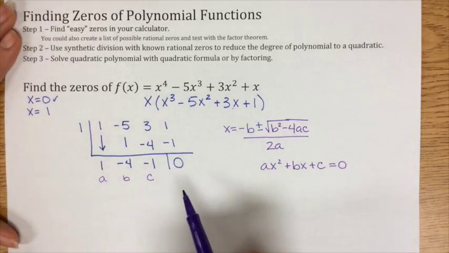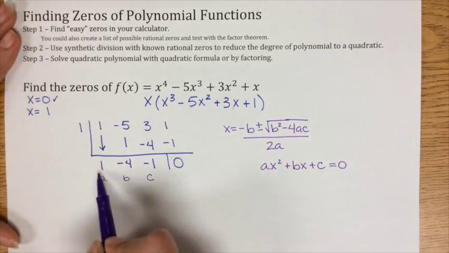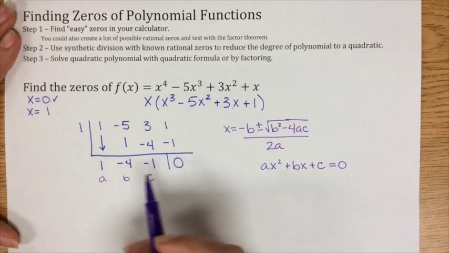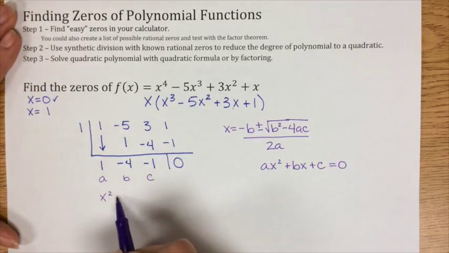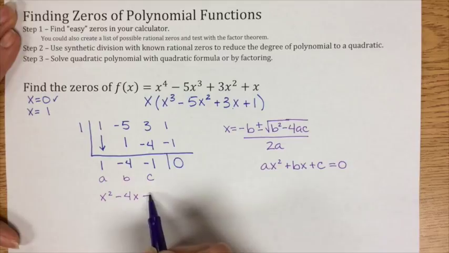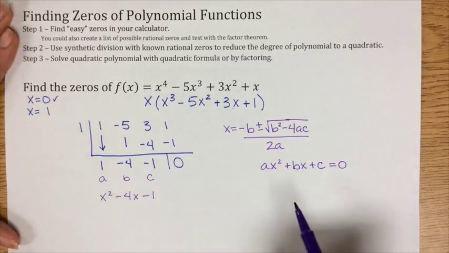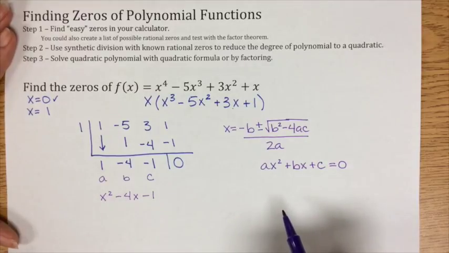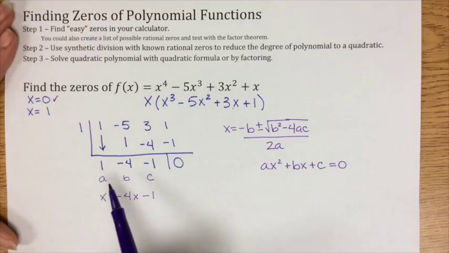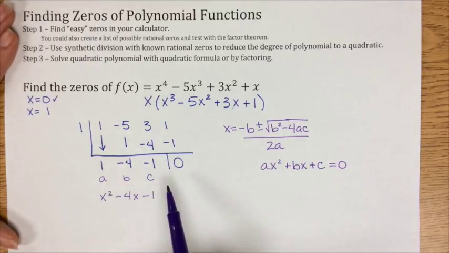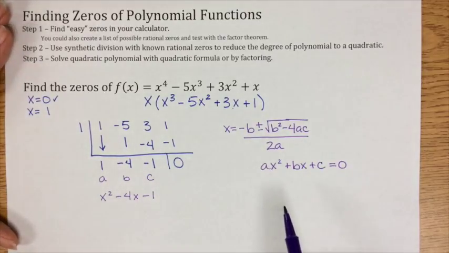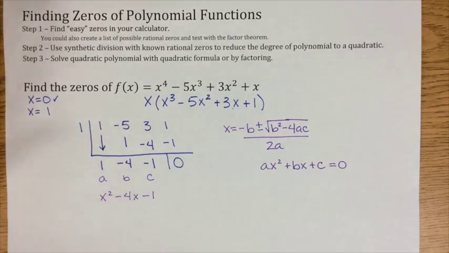You could write this as a quadratic, x squared minus 4x minus 1, but then you would need to pull out the a, the b, and the c to plug in the quadratic formula. Once you get good at this, you'll start just seeing that that's a, b, and c, and you can go ahead and use the quadratic formula.